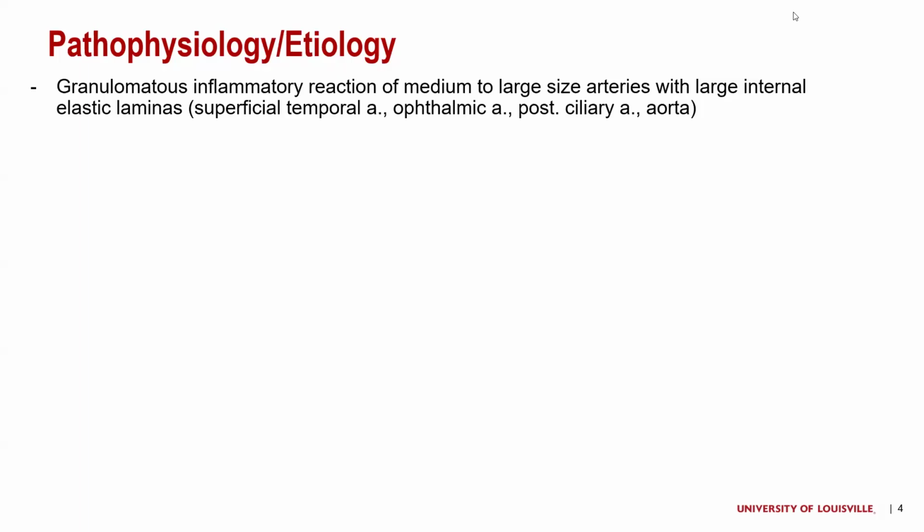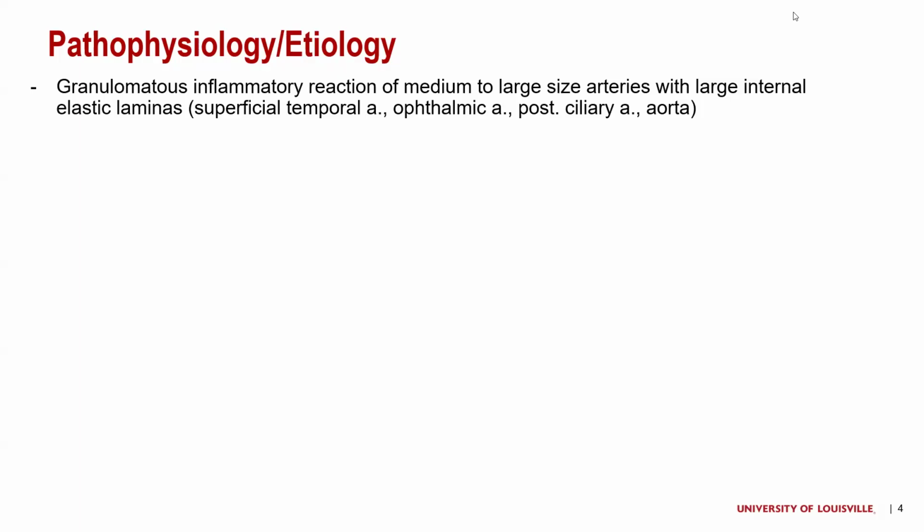Some of these arteries are the superficial temporal artery, for which we get scalp tenderness, the ophthalmic artery and posterior ciliary artery, which can lead to vision loss, and also, not as often discussed, the aorta, which can also be involved in giant cell arteritis.